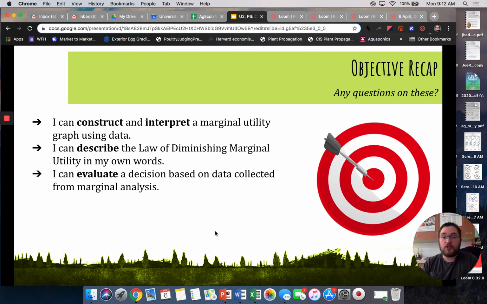And the last one, you can evaluate a decision based on data collected from marginal analysis. So you can know how many units to purchase or how many Fruit Smiles to enjoy. Obviously, I overdid it today. But using marginal analysis as a tool in your toolkit, you are better able to understand how much or how little to consume and when you will start to lose overall satisfaction.